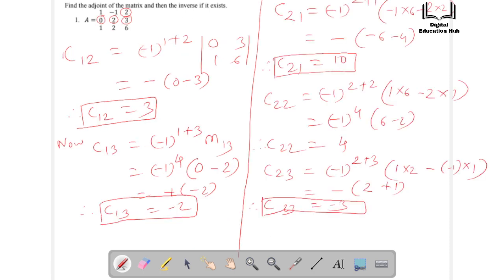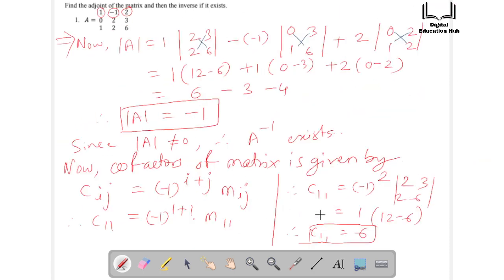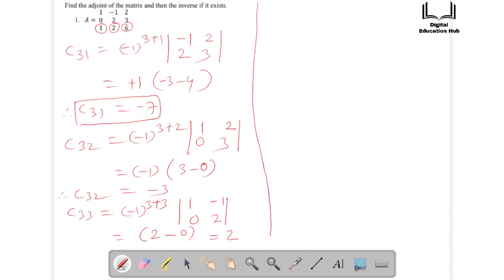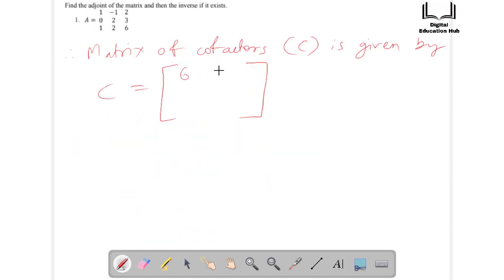C11 is 6, then 3 and minus 2. So this is 6, 3, minus 2.